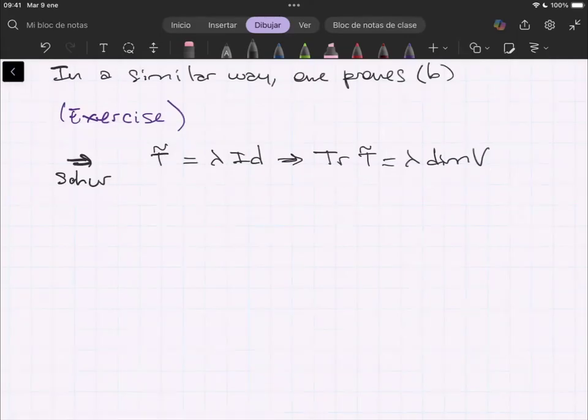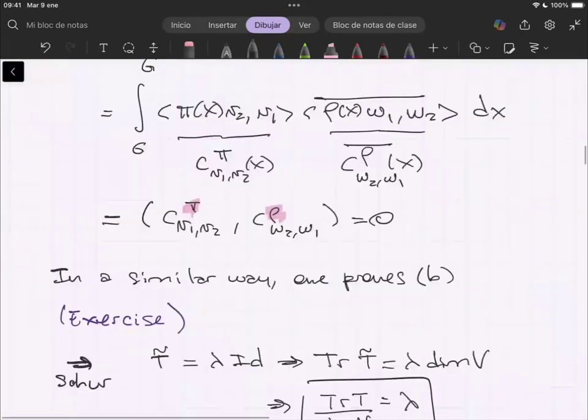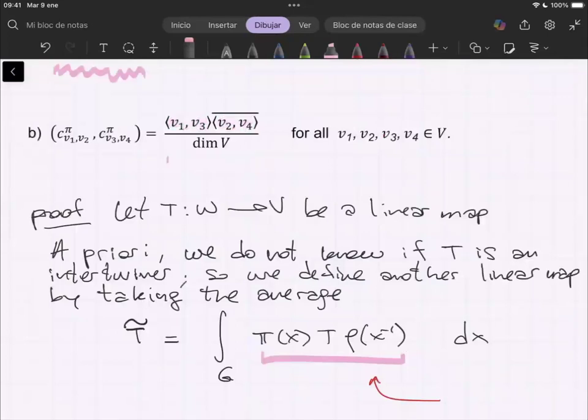Since we are taking the average over our representation, the trace of T is the same as the trace of our map T. So lambda is the trace of T divided by the dimension of V. Yes, so this is how we get lambda, and this is why we get the dimension of V. So I go up, and add all the things that we have to compute, okay? In the case where we take the same representation.